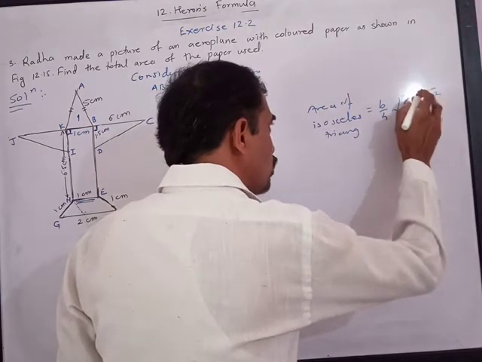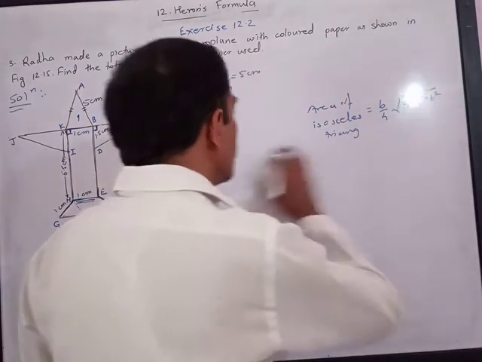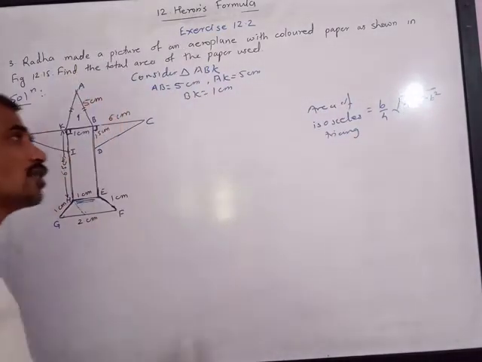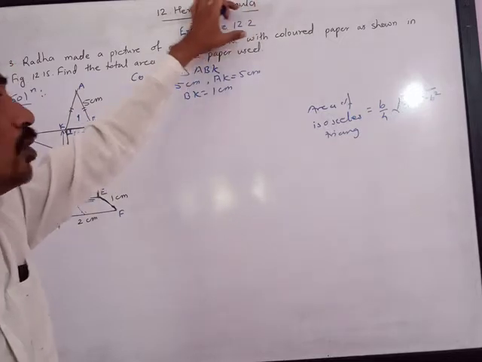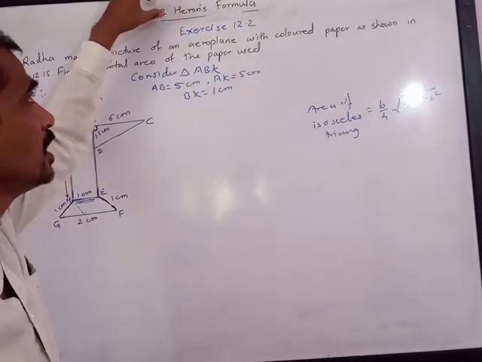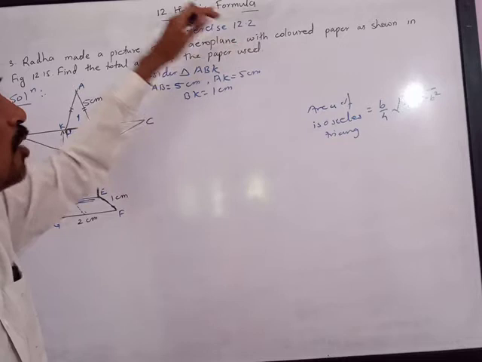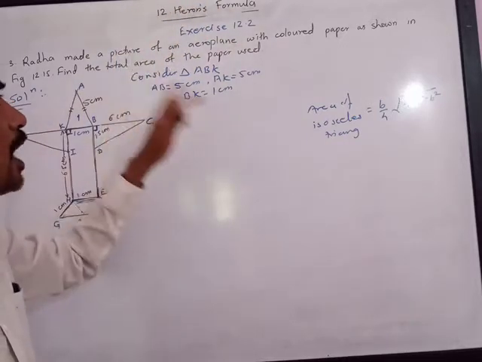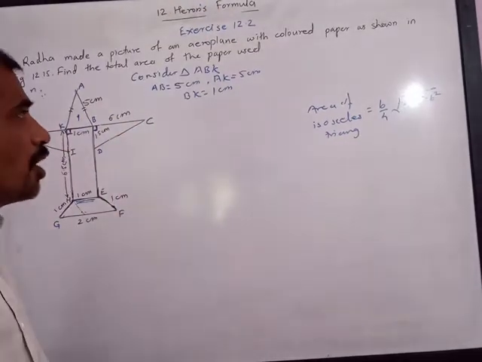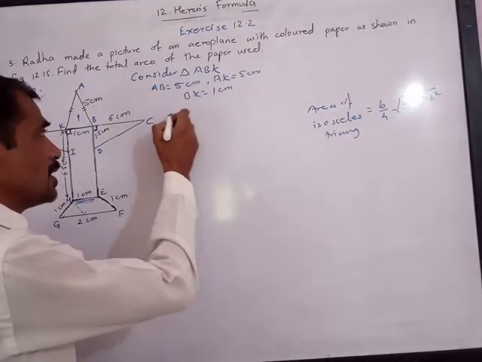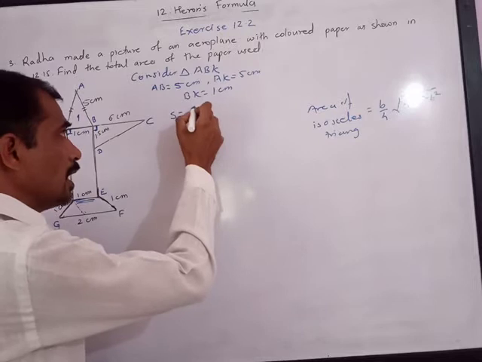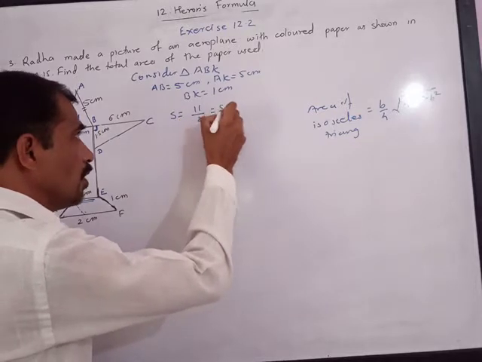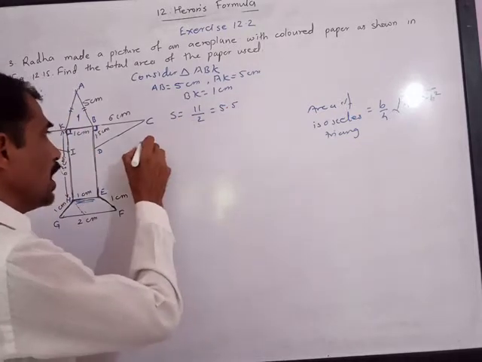So by using this formula also we can find the area of this isosceles triangle. But since the name of the chapter is Heron's formula, we are going to make a practice of Heron's formula. I am going to solve this problem by Heron's formula. So here I will get semi-perimeter S is equal to 5 plus 5, 10 plus 1, 11 upon 2, that is equal to 5.5.